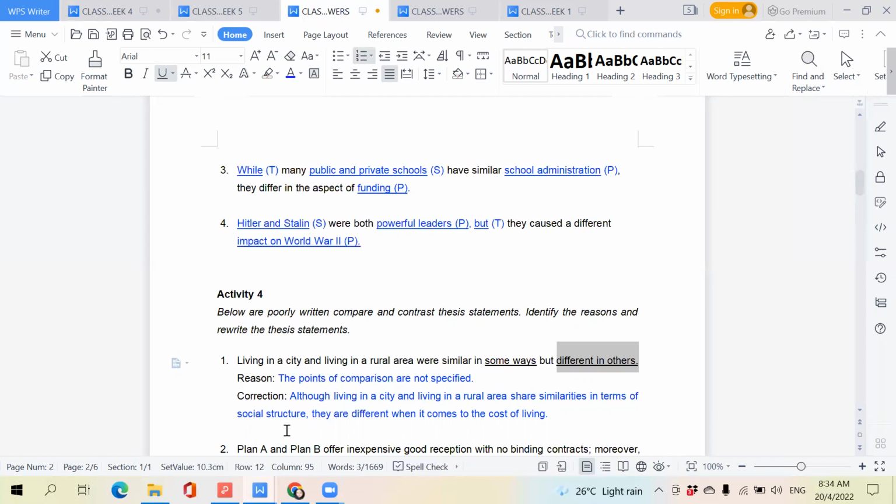So this is more specified. So you mention what is the same, oh, social structure. And then they have different what? Cost of living. And this is clearer. This is more specified. So this is the one that you should write for your paper, not the one written in black font. Okay, next.